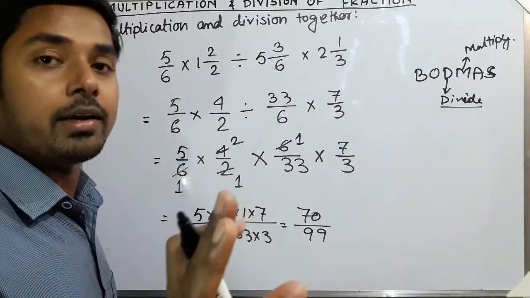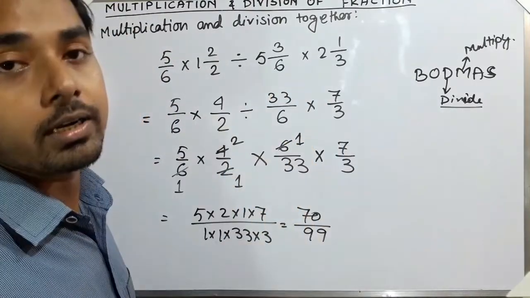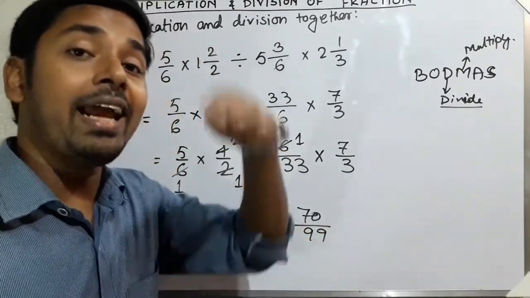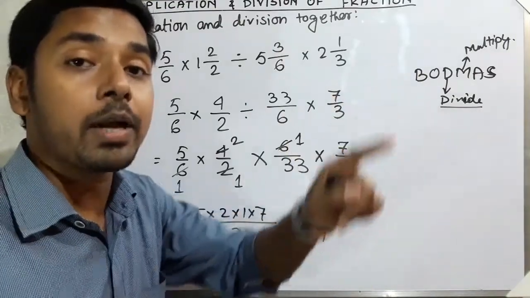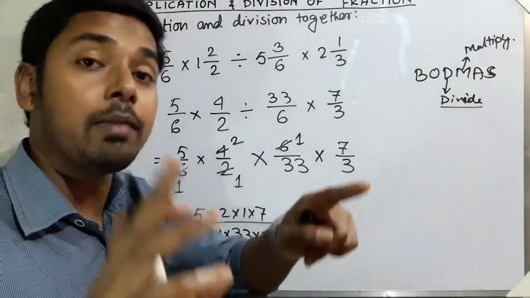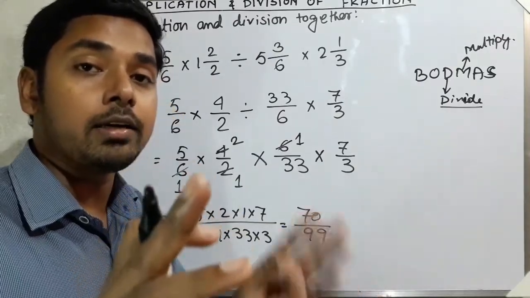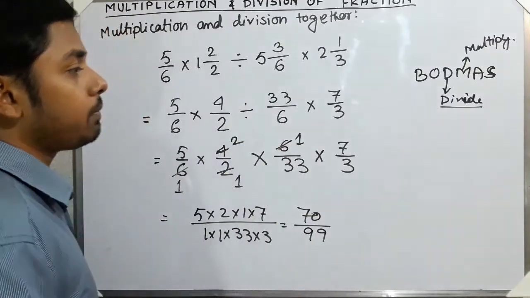I told you any denominator and any numerator you can cut, but you should keep in your mind only denominator and numerator can be cut, not numerator with numerator. Up cannot be cut. Up can be multiplied only. Denominator down cannot be cut. Down can be multiplied only. Okay, this is the main thing you should remember in your mind.